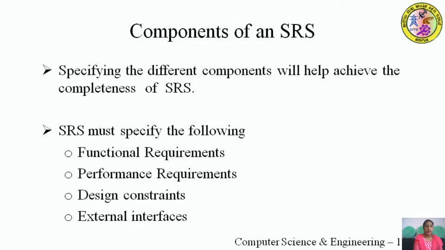A thorough analysis of the existing system must be done to extract these software requirements precisely and completely, and later on has to be documented properly. The result of the requirement phase is an SRS.